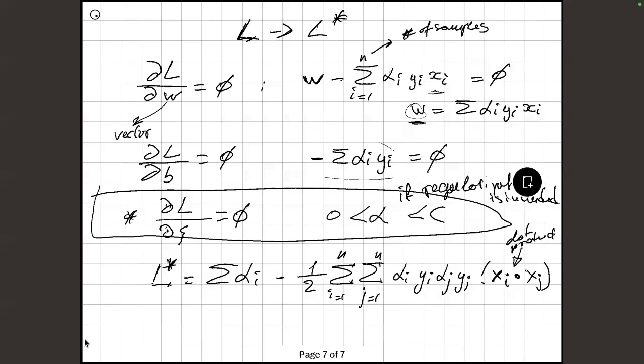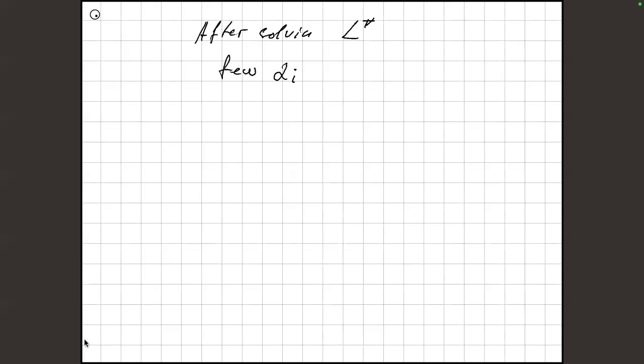So I still have some time, and I want to comment on a very important thing. After solving L prime, we obtain a few alpha i greater than 0. And these are the dual coefficients of support vectors.